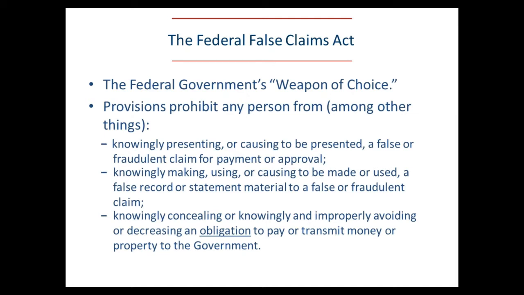The provisions have a number of prohibitions, including knowingly presenting or causing to be presented a false or fraudulent claim for payment, knowingly making or using a false record or statement, which is material to a false claim, and also knowingly concealing or avoiding or decreasing an obligation to pay the government. So let's talk about a few of the terms that are in here, terms such as knowingly, avoiding, and obligation.